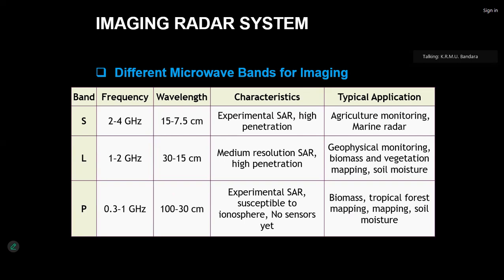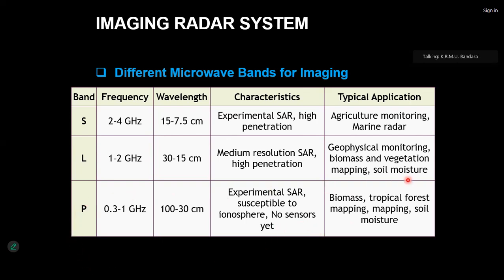P-band, long wavelengths, 30 centimeters to 1 meter. This is also experimental and susceptible to the ionosphere, with no sensors yet decided. Uses are biomass, tropical forest mapping and soil moisture.